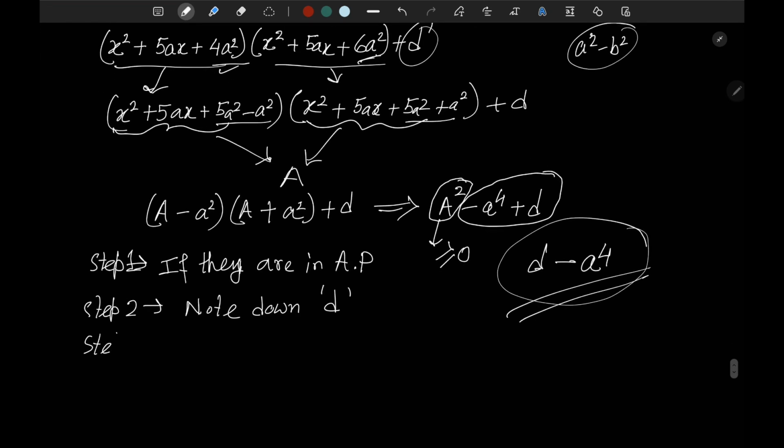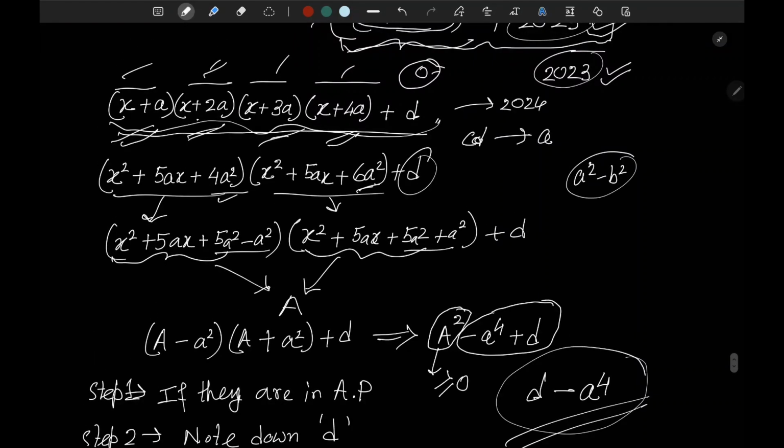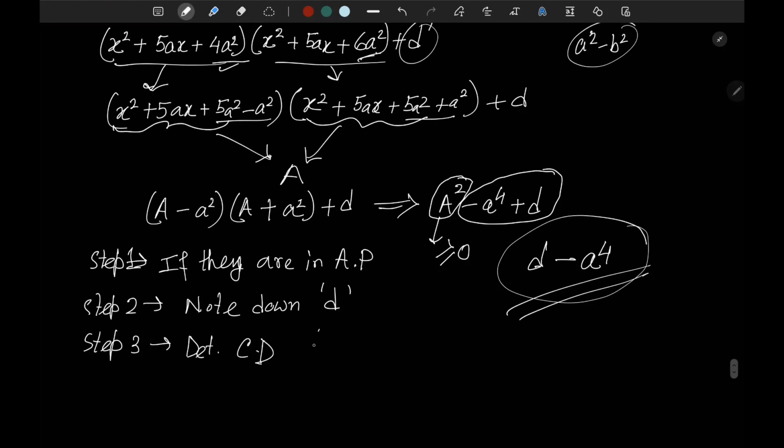And in step 3, you have to determine the common difference. What was the common difference in this case? It was a. Determine the common difference, which is a, and you will get your answer immediately. Your answer is always d − a⁴.